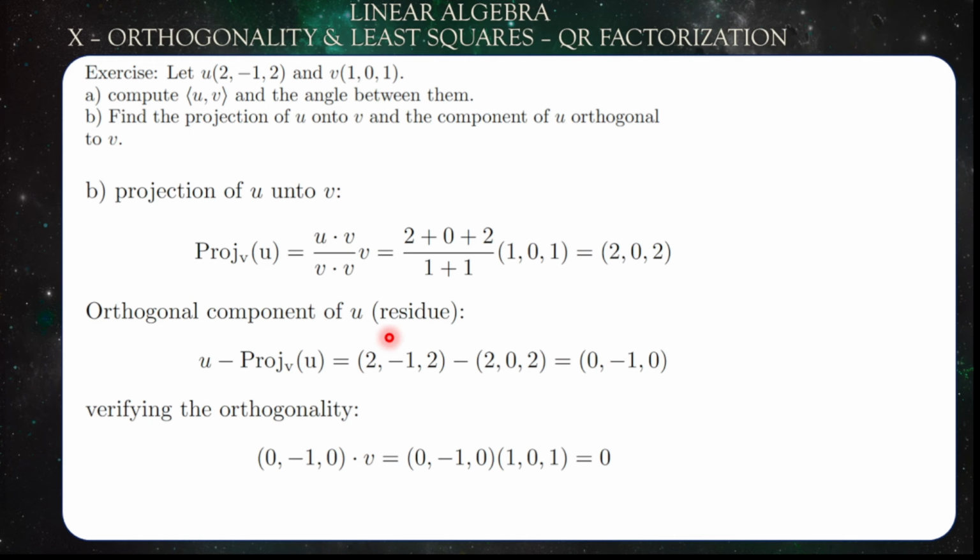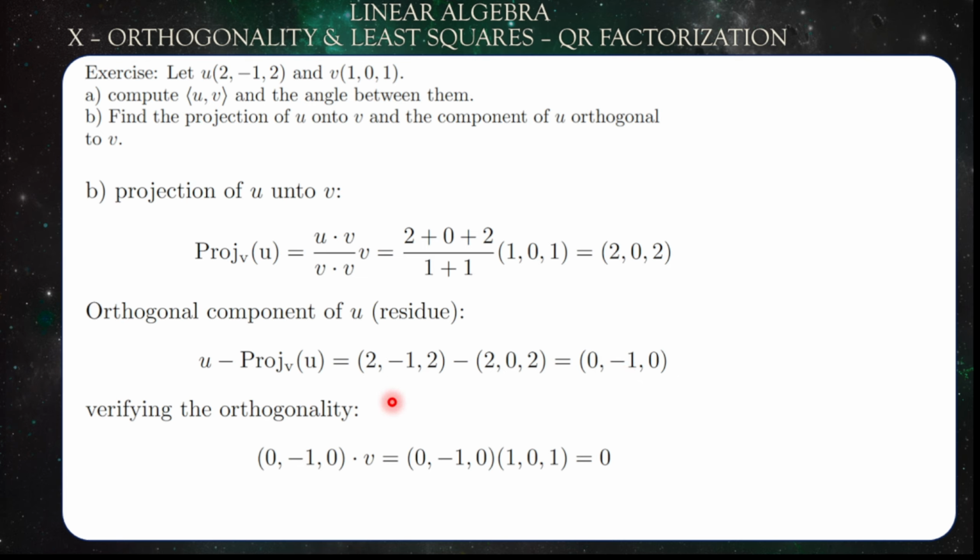Orthogonal component of u, or residue, is given by u minus the projection of u onto v. So it is given by u, which is 2, minus 1, 2, minus the projection of u onto v, which we've gotten moments ago, which is 2, 0, 2. So you subtract element by element, and this gives us 0, minus 1, 0.